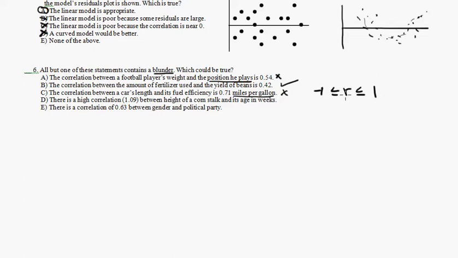So it has no units. So that's not right. There is a high correlation. Well, it can't be greater than 1. So that's wrong. The correlation of 0.63 is between gender, which is categorical, and political party. So once again, categorical. So the only one that seems to fit is B.